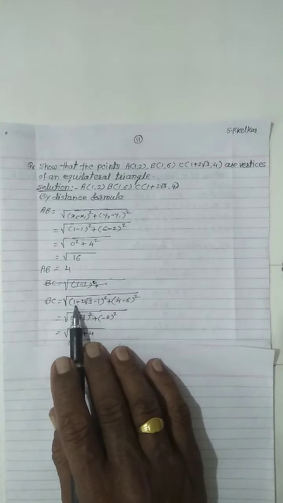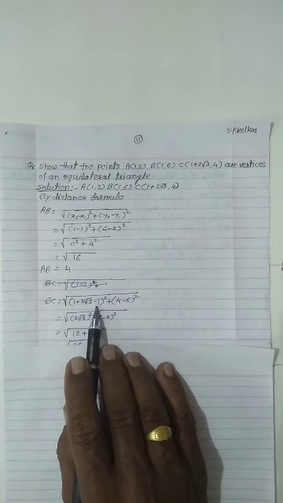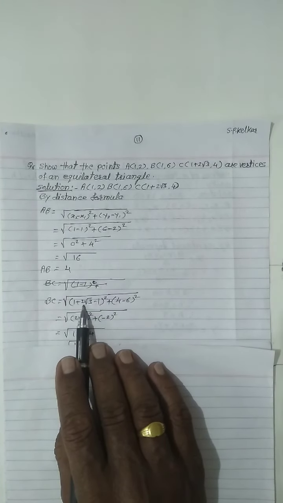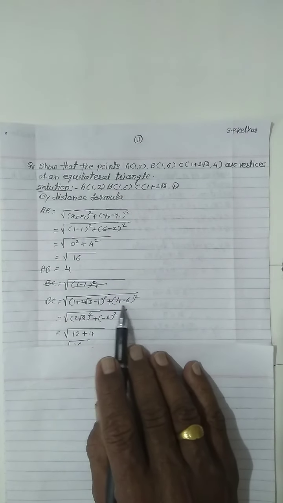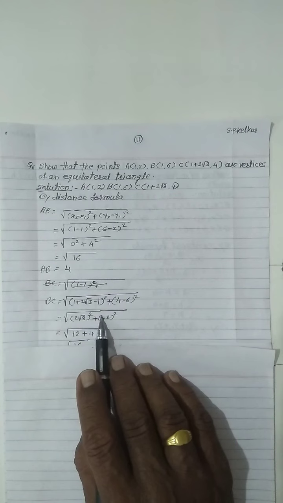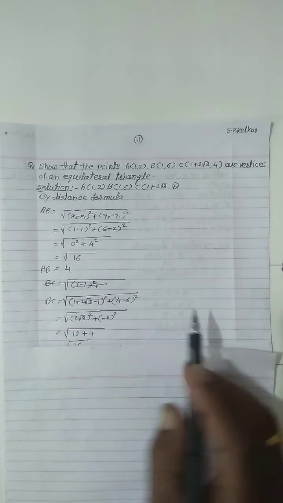Now this plus 1 and this minus 1 cancel, so we write here (2 under root 3) square plus 4 minus 6 is minus 2, means (minus 2) square.